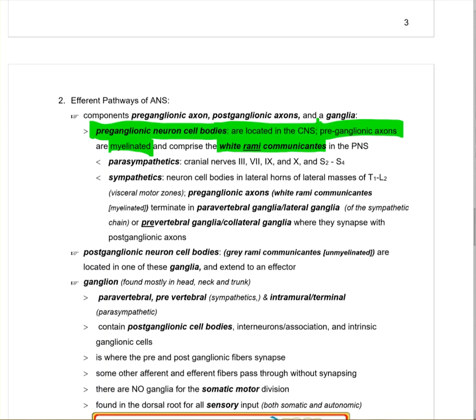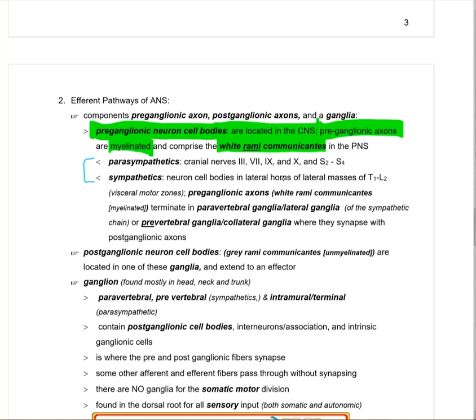Now, the sympathetic fibers and the parasympathetic fibers go out in different places. The parasympathetic go out your cranial nerves up here at the top near your neck and your head. And they also go out your sacral region, down near your pelvic bone. So that's different.